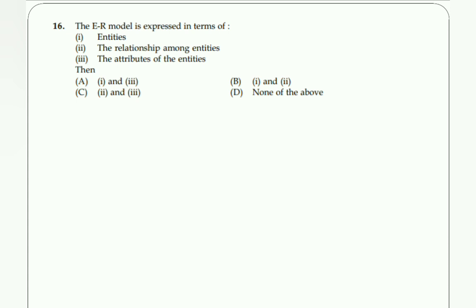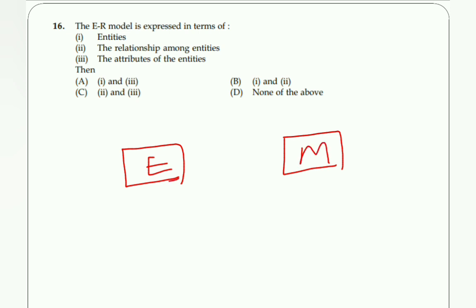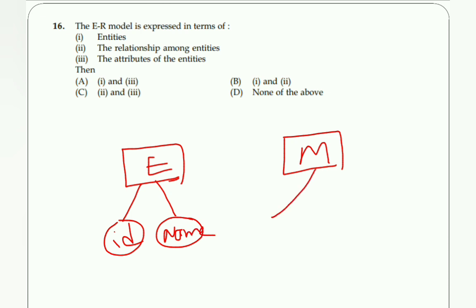For suppose if you are considering the ER model of a company, suppose in the insurance company, there will be employee and manager. So here the employee will act as an entity and the manager is an entity, and each entity will have certain attributes, right? So employee will have its ID and name. Similarly, manager have ID and name.